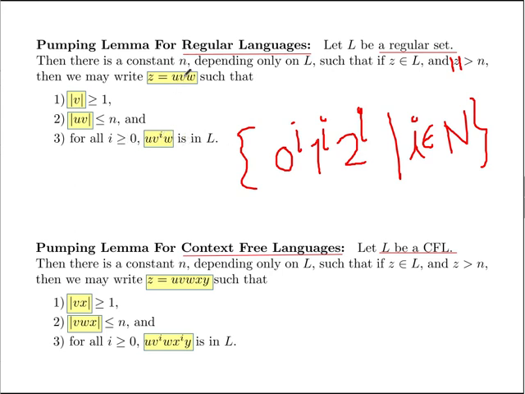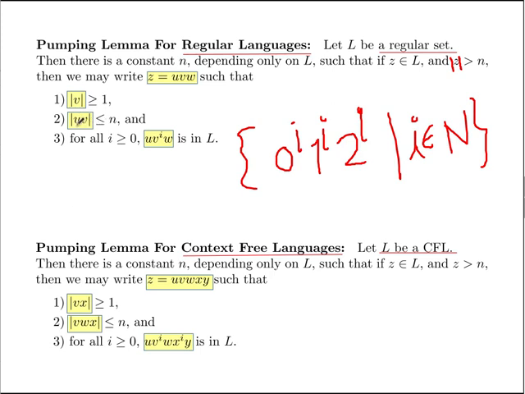In fact, we can also reduce this v. And in order to get larger and larger strings, pumping is only useful if the length of v is at least 1. This is ensured by the lemma: if z is of length greater than n, then we can break it down into uvw such that the v part is non-empty.